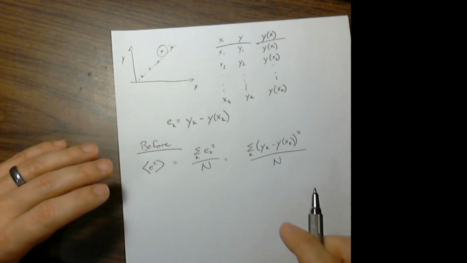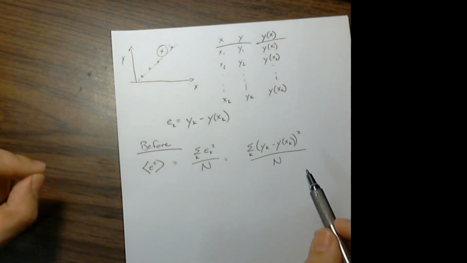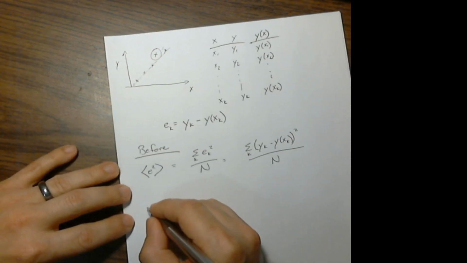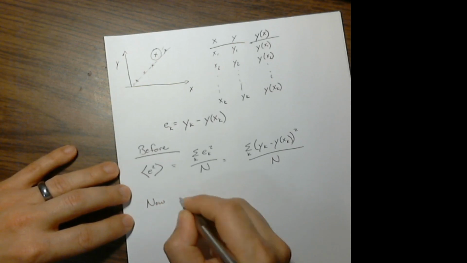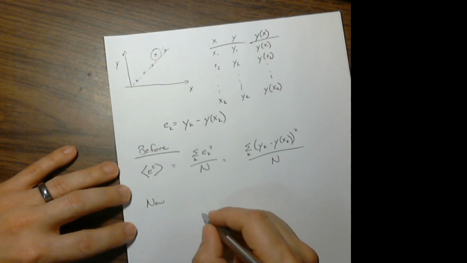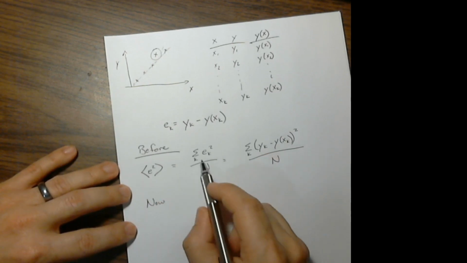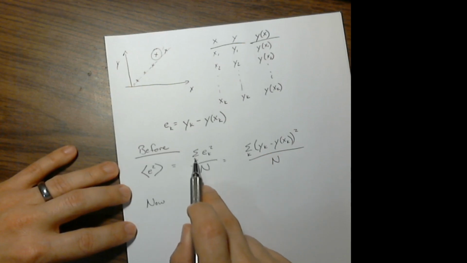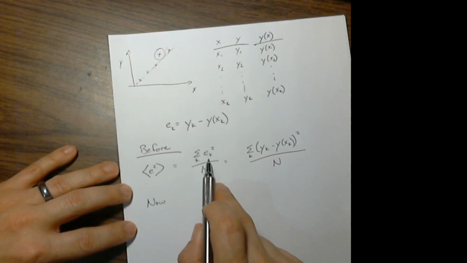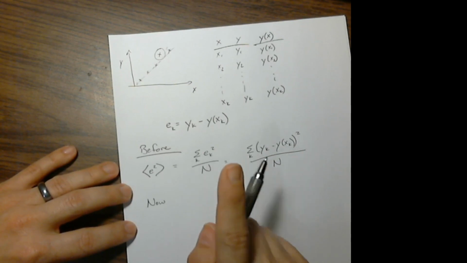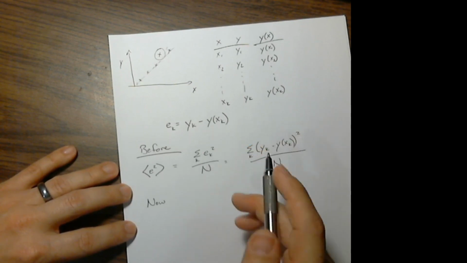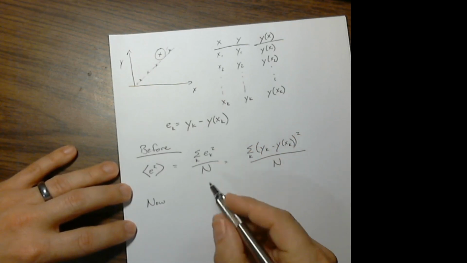Okay, so that's what we did before. But now, what if instead we modified this so that here's the place right here where we tally up all the individual squares of errors. But what if we wanted some of the squares to count more or less than others?